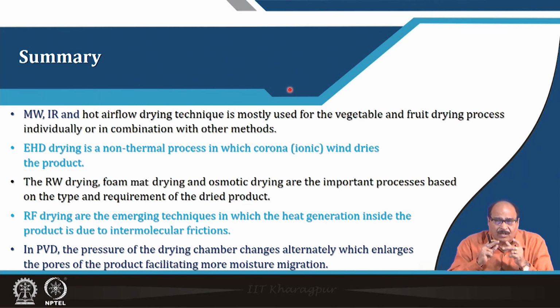The message I would like to convey here is that fruits and vegetables, being very sensitive and containing very sensitive components, require advanced technologies to ensure the quality of the dried products, that is, a combination of traditional as well as advanced methods like microwave assisted hot air drying, microwave assisted vacuum drying, refractance window drying, radio frequency drying, etc.